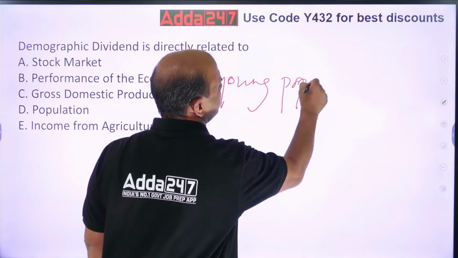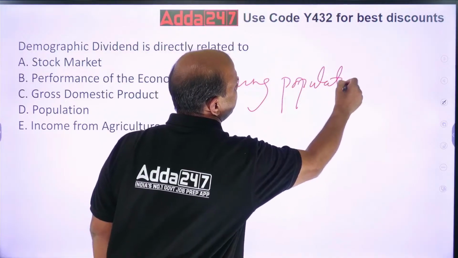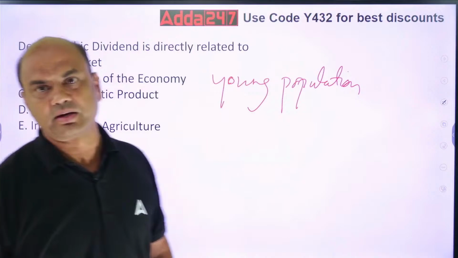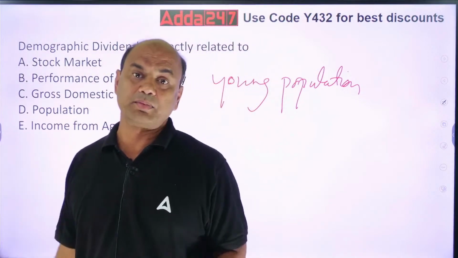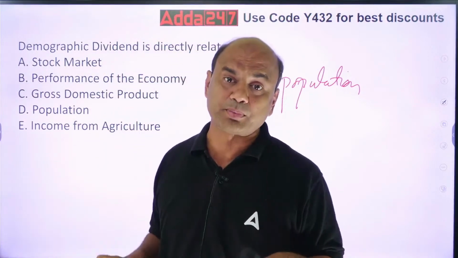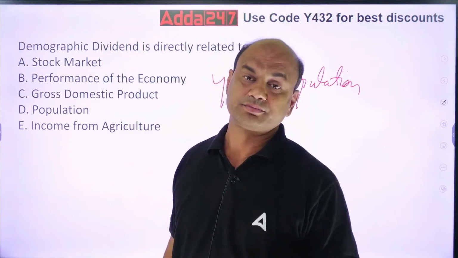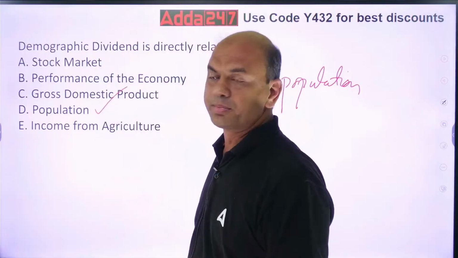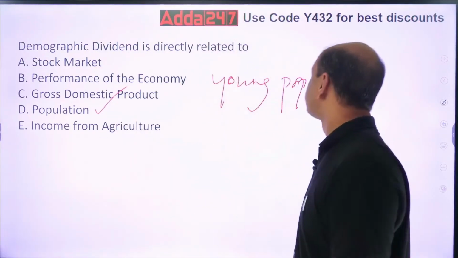Young population is known as demographic dividend. India is a young country because we have the highest population below 35 years. So that's why demographic dividend relates to population. Got it?